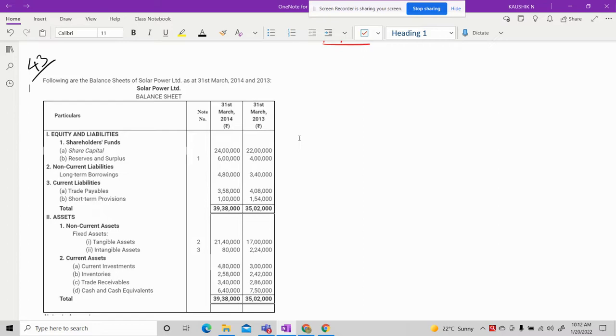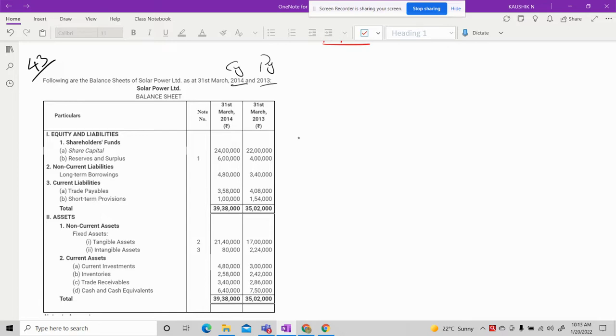Now, let's get started. Given to us is a balance sheet of Solar Power Limited as at 31st of March 2014 and 2013, which means 2014 is our current year and 2013 is the previous year. In the balance sheet, the first category is equity and liabilities, shareholder funds, under that share capital.